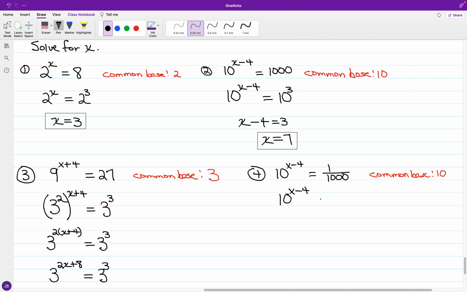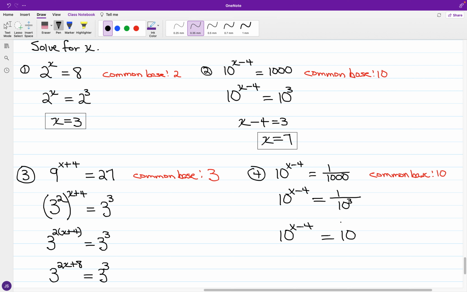Now 1,000 is 10 to the third, but for 1 over 1,000, we're going to have 1 over 10 to the third. Now I have the appearance of 10 on both sides, but I want the right hand side directly in terms of base 10. What I mean by this is I want to write the reciprocal of 10 to the third as base 10 to the corresponding power.